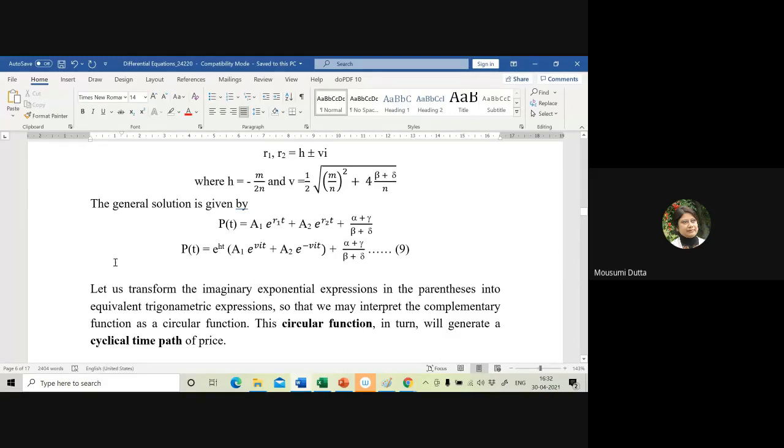Now tell me whether equation 9 is understandable. Or again, if you have any question. Because 9 is the starting point for today's class. So at least we need to understand equation number 9.